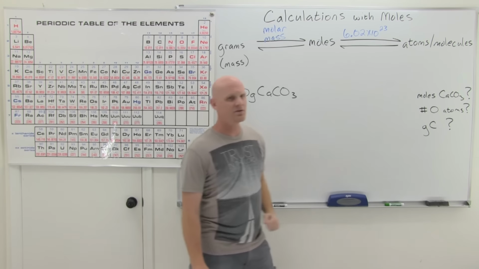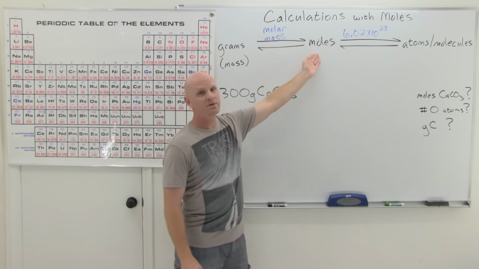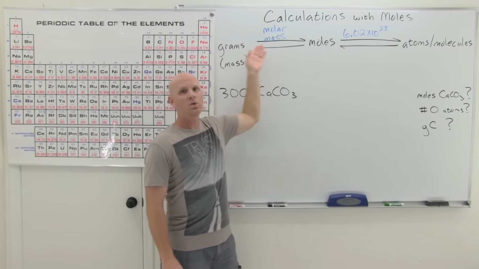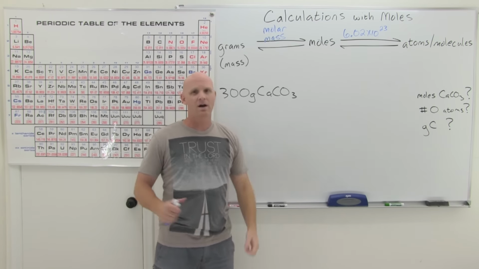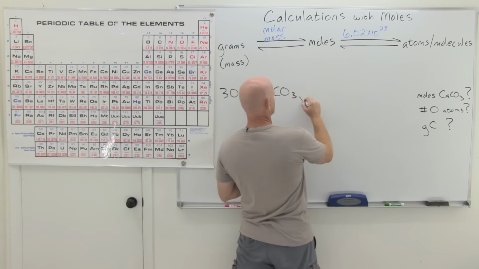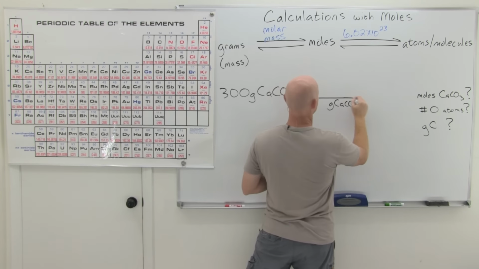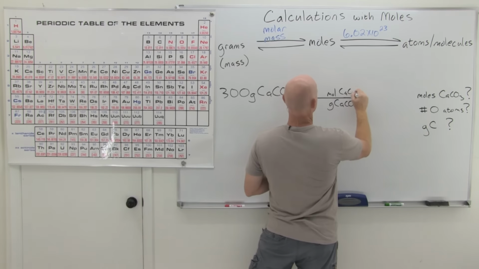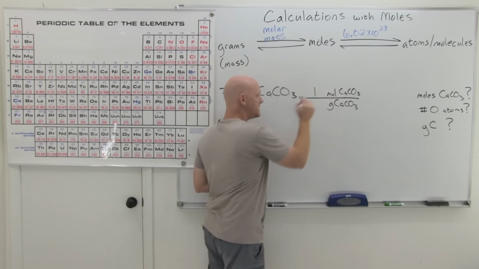All right, so let's answer that first question. How many moles of calcium carbonate? We're provided with the grams, and we're asked for the number of moles. The connection between grams and moles is always the molar mass. And where do you get that molar mass? Right off the periodic table. So in this case, we want to put grams of calcium carbonate in the denominator and moles of calcium carbonate in the numerator, and the molar mass is always the number of grams in 1 mole.